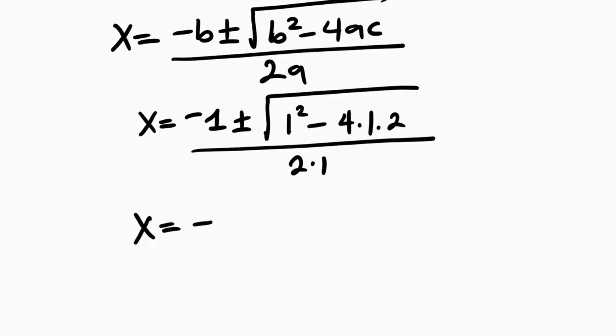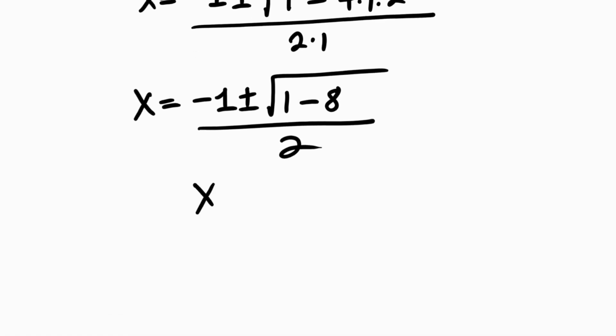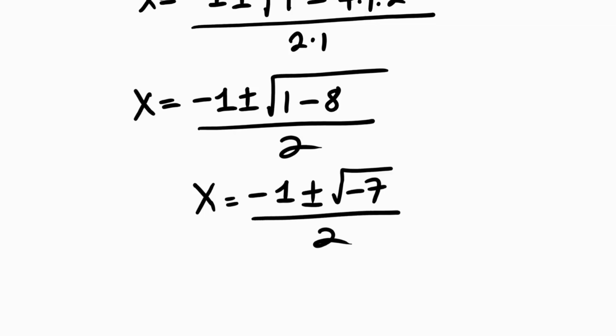So this is equal to minus 1 plus or minus the square root of 1 minus 4 times 2, which is 8, divided by 2. So x is equal to minus 1 plus or minus the square root of minus 7, divided by 2.